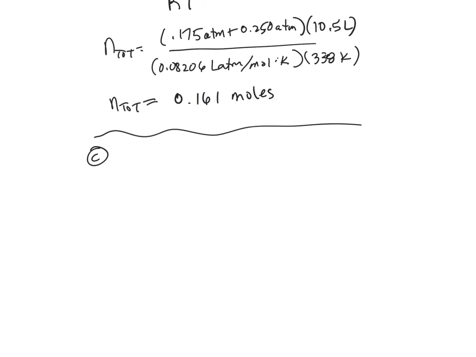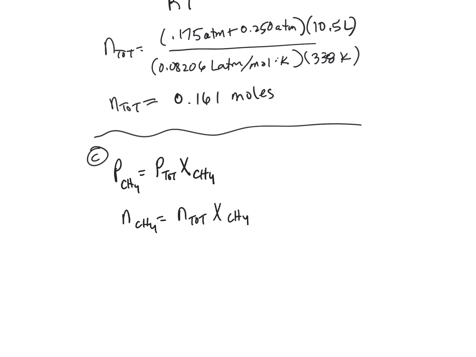Think about it here. So total pressure times the mole fraction of methane will be equal to partial pressure of methane. Okay, that's true, but there's also another equation that the moles of methane are equal to the total number of moles multiplied times the mole fraction of methane.